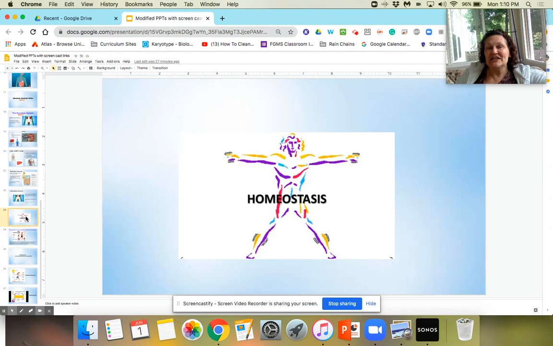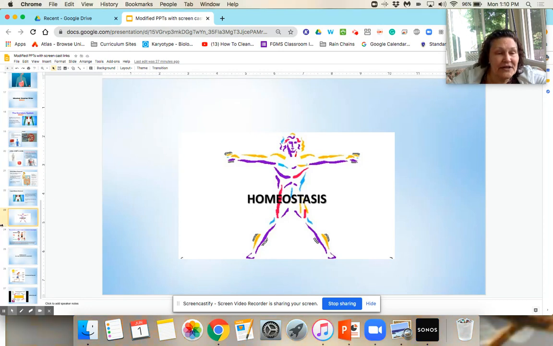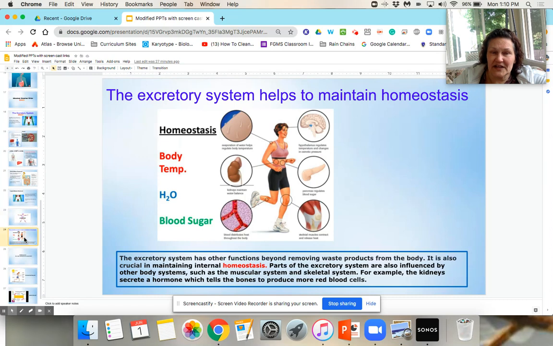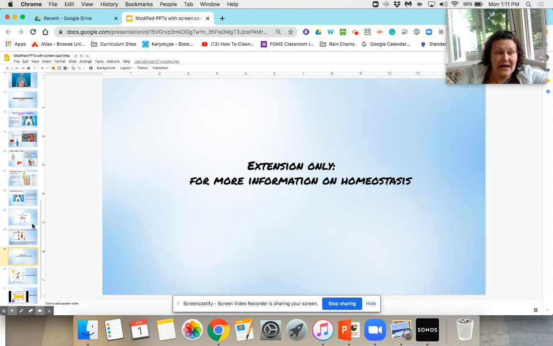And so internal balance can be anything from, we're going to look at this one specifically, how your body maintains homeostasis when you're running. But there are 3 slides after this, and you'll see that it's labeled extensions. It's an extension.